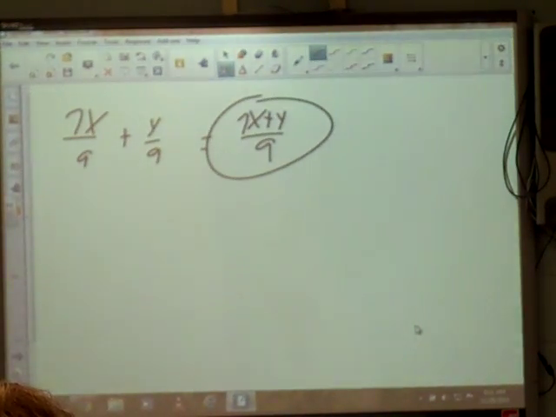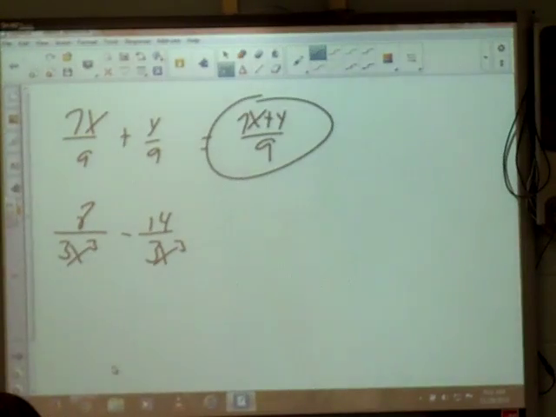So if I have 8 over 3x cubed minus 14 over 3x cubed. Okay, subtraction sign this time. So first thing you got to ask yourself is there a common denominator? Yep, so we're good. So since the denominator is common, 3x cubed, that's going to be my answer denominator.